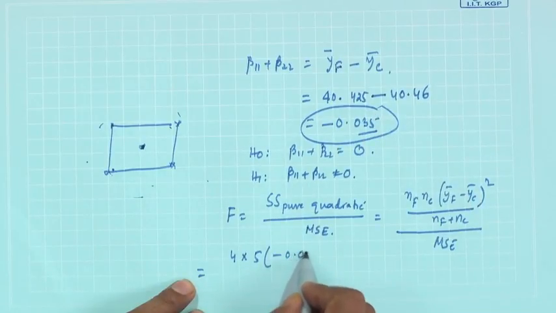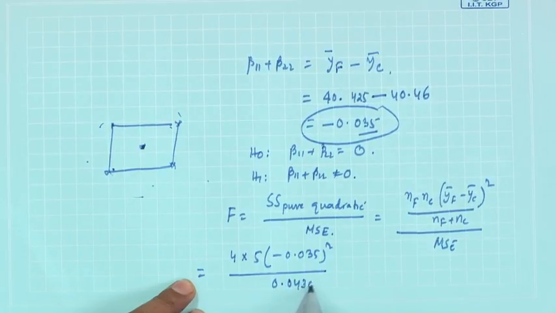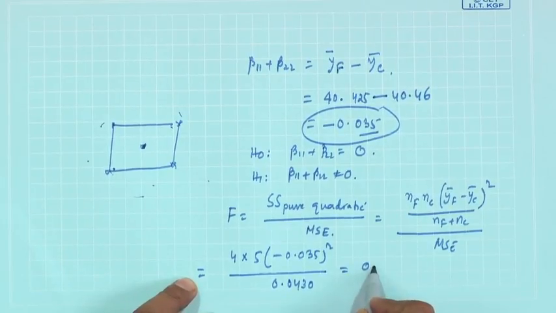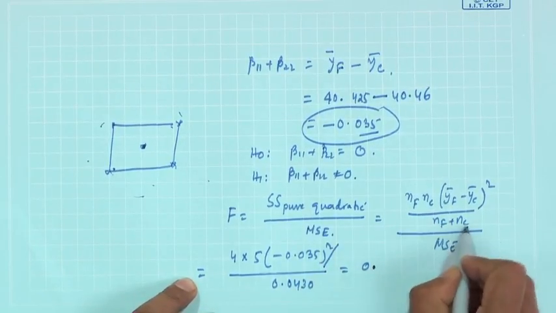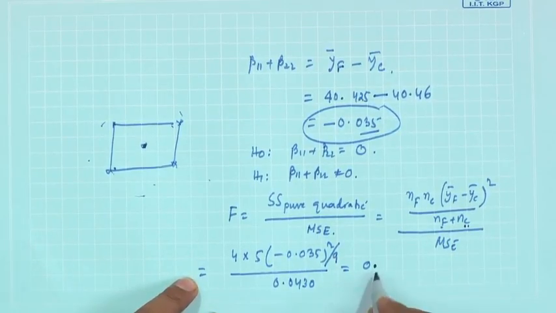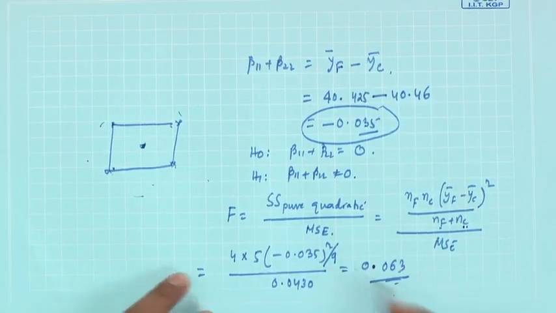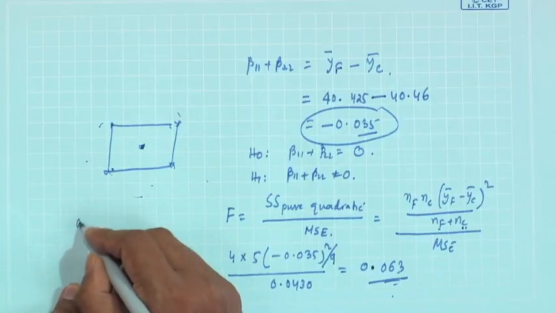So minus 0.035 squared divided by MSE sigma square, 0.0430. This is coming around 0, divided by n f plus n c, which is 9. So this value is coming around 0.063, which is again much less than F 1, 1, 4, 0.05. So, quadratic effect is negligible.